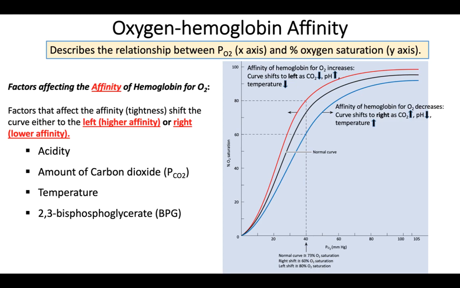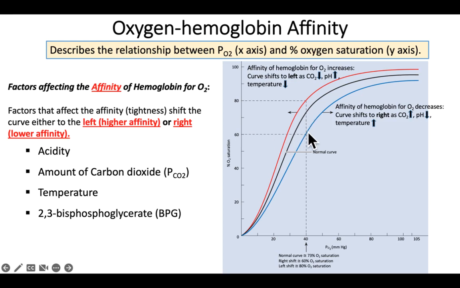If we change hemoglobin, we can either get more oxygen transporting or we can lower the oxygen transportation or saturation. So notice when the curve shifts over to the right, what that does is it means that you can't saturate at the same level as you did with the black curve.